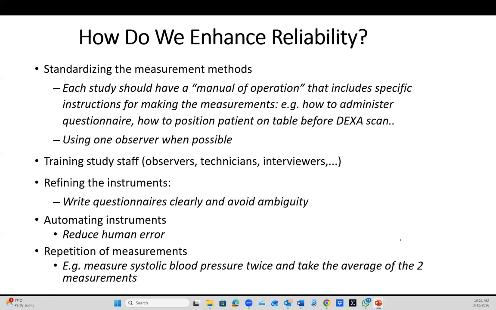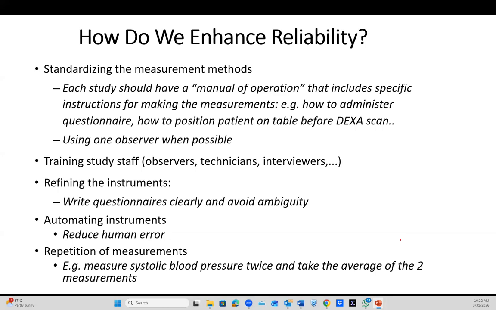For us, for instance, we have a protocol. You have to follow a protocol, and most of the time it says how they should be when you measure them, for example that they should be seated, or if it's done at the beginning, then after maybe 10 minutes. So it all depends on the protocol.